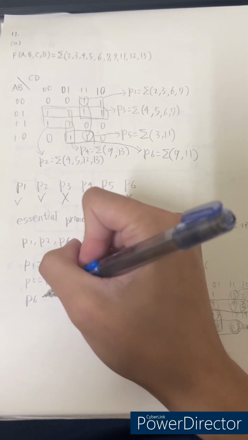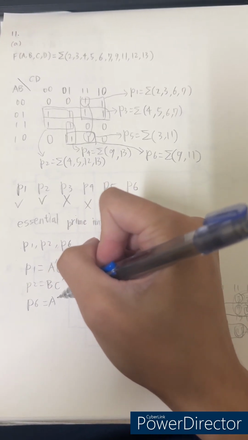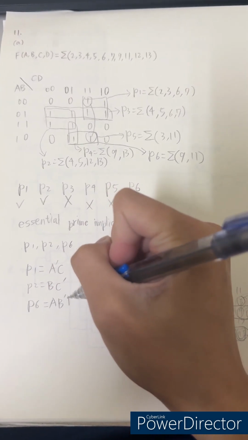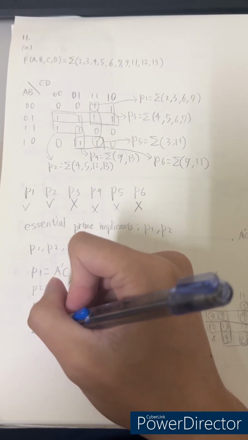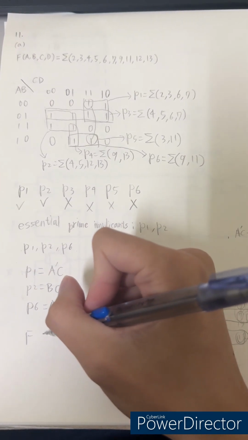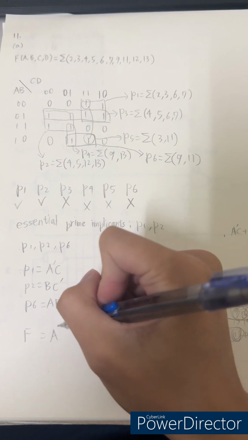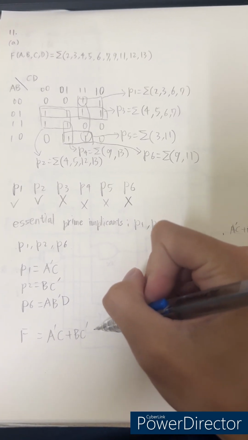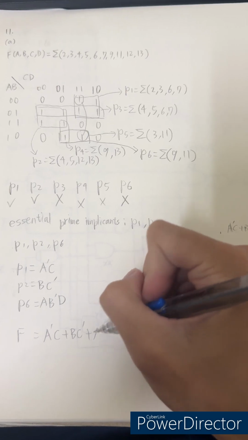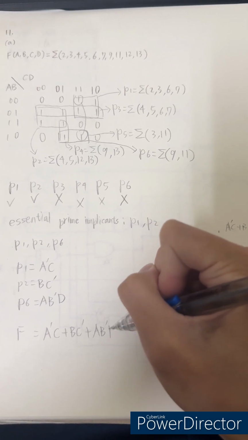And P6 is A B prime D. So the final result of F is A prime C or B C prime or A B prime D.